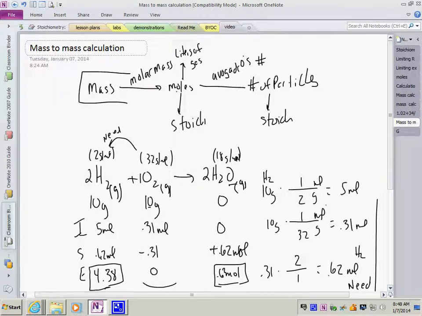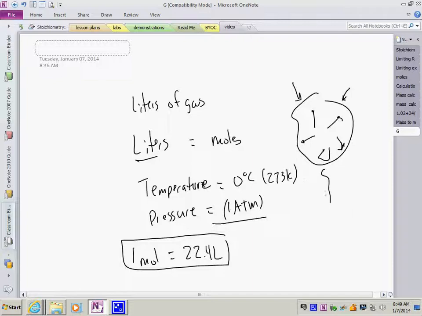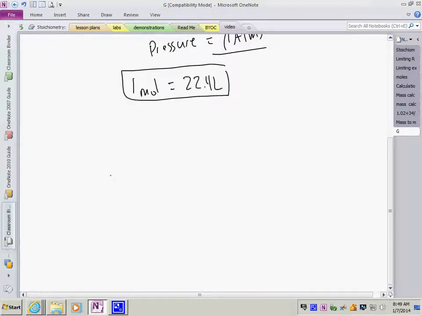But really, the only thing we cannot do these calculations in is mass. So if we're in moles, I can easily say for this calculation, 2H2 plus O2 yields 2H2O, that if I have 2 liters of this, 2 liters of this, how many of this will I get?